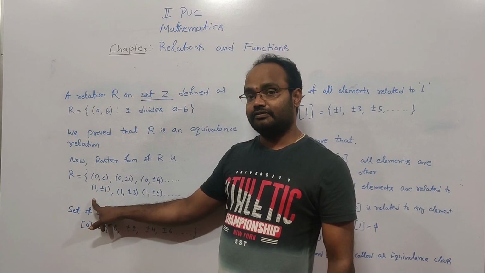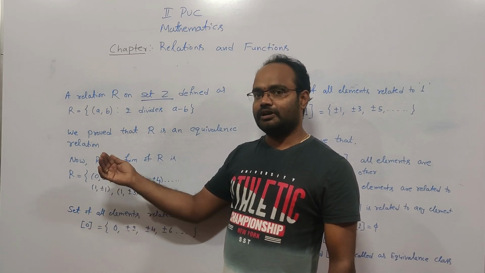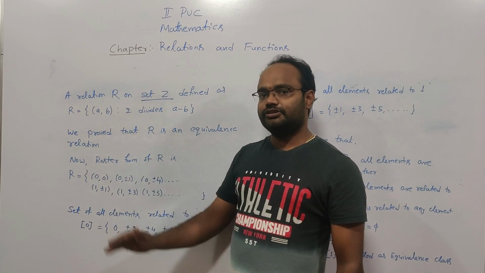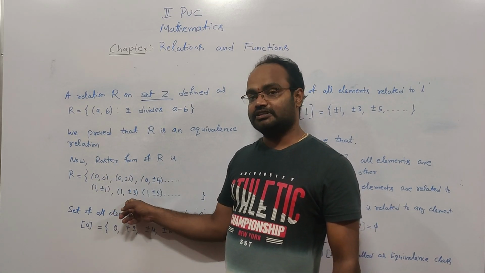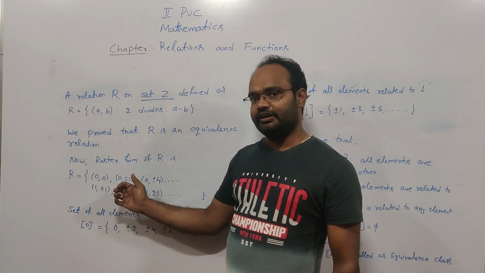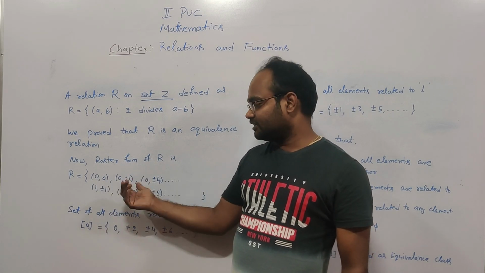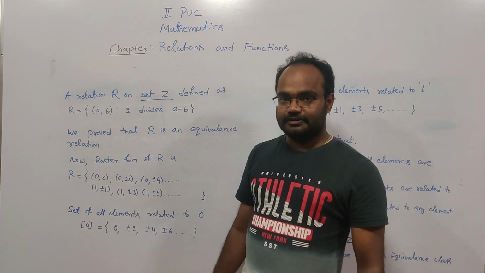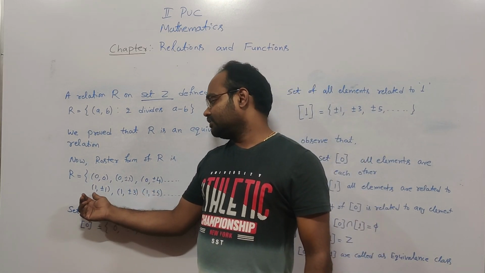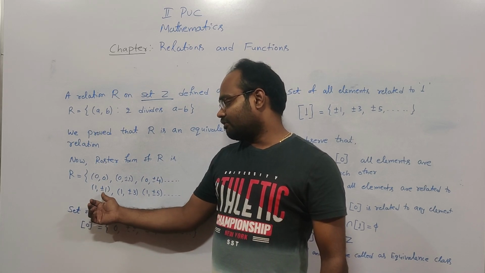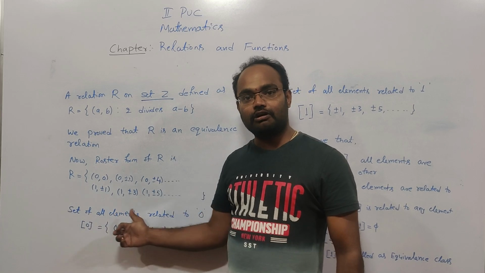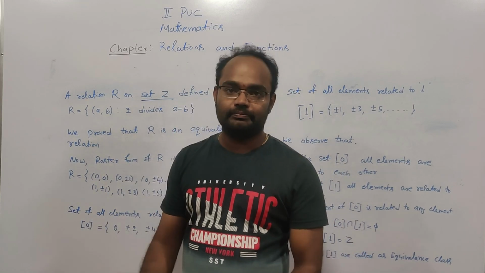1 plus or minus 1: 1 plus 1 is 2, divisible by 2, 1 minus 1 is 0, divisible by 2. Similarly 1 plus or minus 3: 1 minus 3 is minus 2, divisible by 2, 1 plus 3 is 4, divisible by 2. Similarly 1 plus or minus 5. So what you can observe, the set of all even numbers are related to 0, the set of all odd numbers are related to 1.